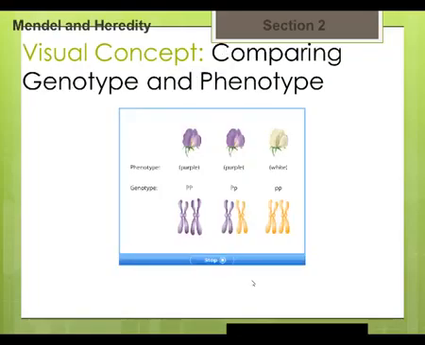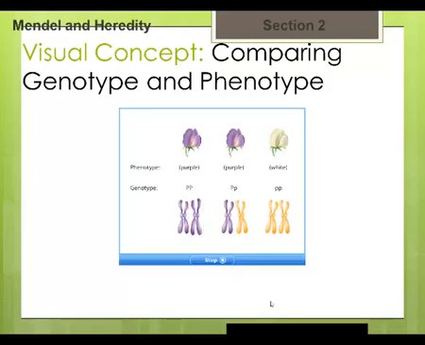Most organisms, like the pea plant these flowers came from, are diploid. This means that they have two copies of each gene. One gene is part of the chromosome contributed by one parent, and the other gene is part of the chromosome contributed by the other parent. There are alternative versions of genes.